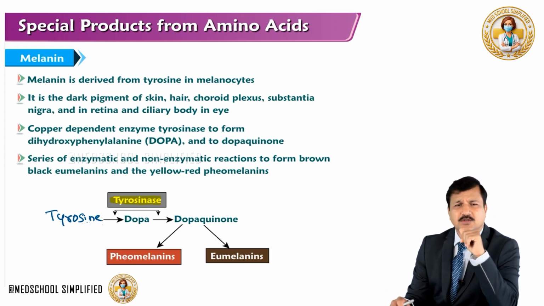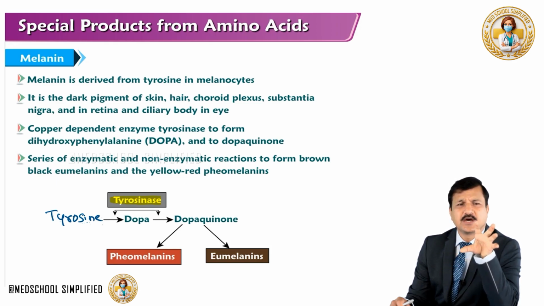Okay, what happens to DOPAquinone? DOPAquinone will be further converted into pheomelanins and eumelanins, and eumelanins are the true melanins, which are brown to black in color.